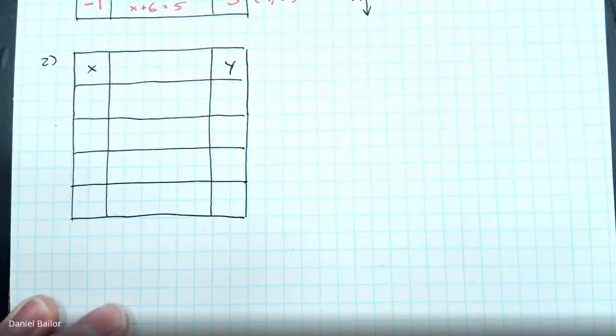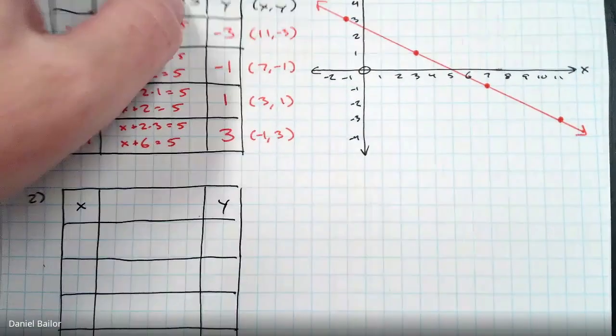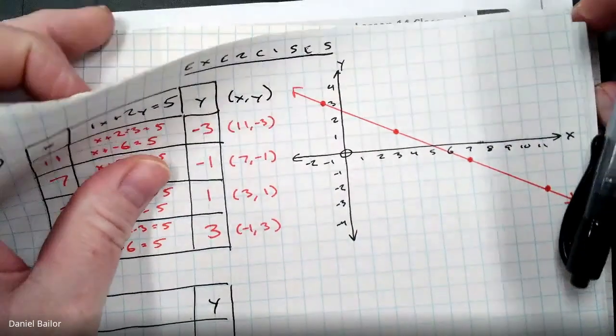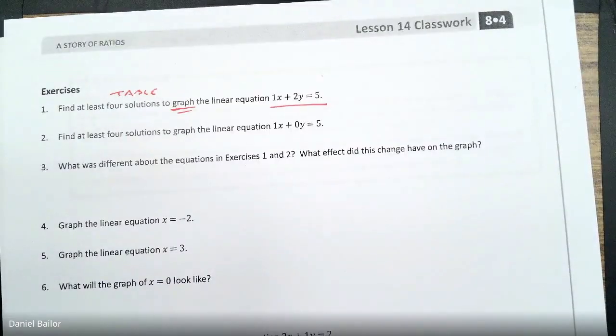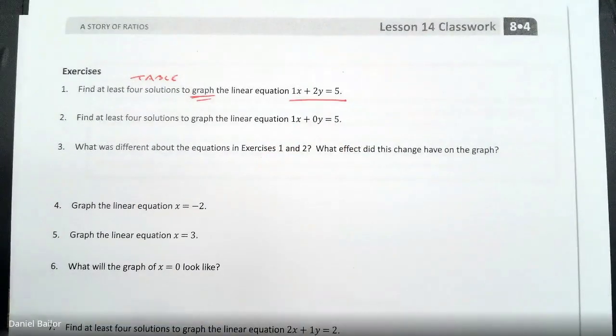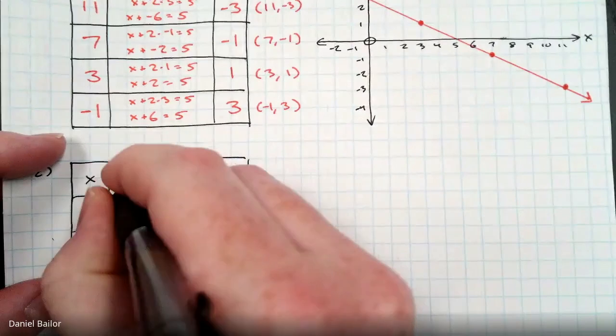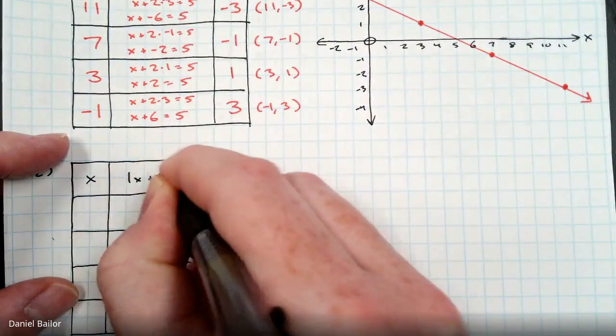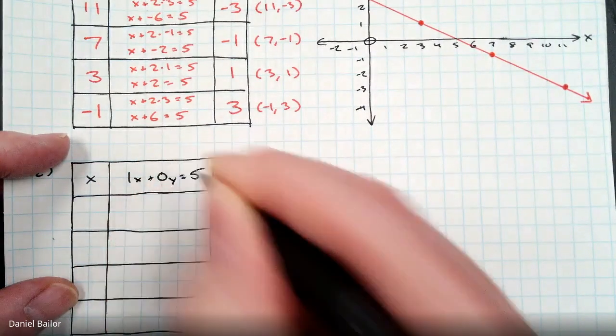Here's my x, here's my y. The equation goes in the middle, and the equation for number 2 was 1x plus 0y equals 5.